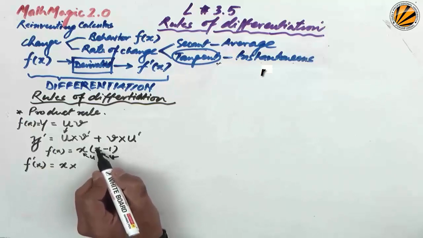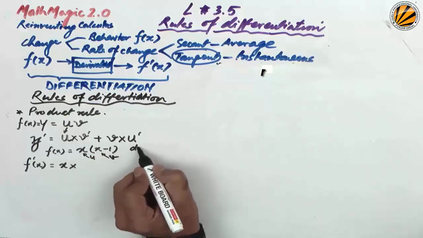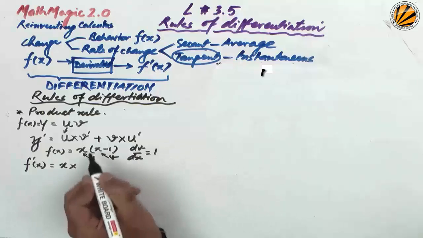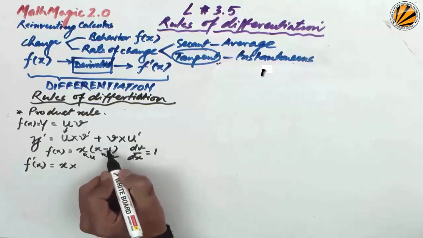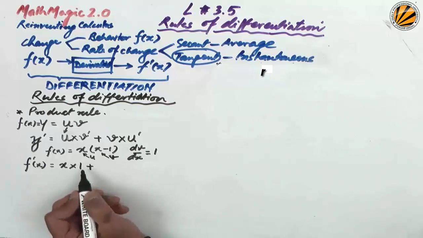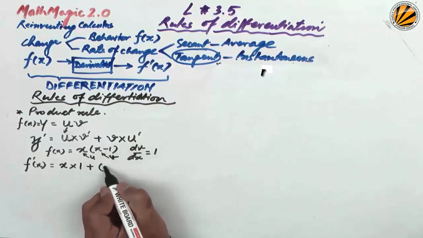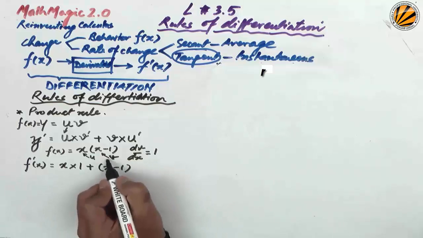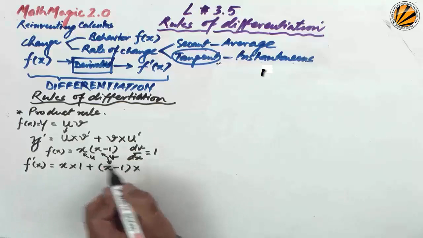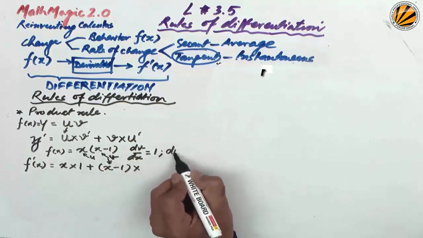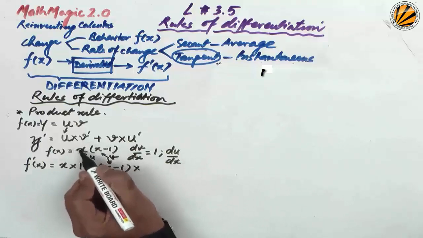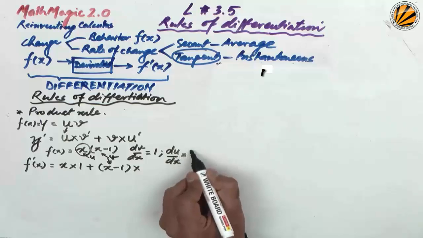If you take d/dx of v, so dv/dx would be equal to 1, because the derivative of a constant is 0 and x gives 1. So it is going to be 1 multiplied by 1, plus the next function, that is x minus 1, which is the second function v, multiplied by the derivative of the first function. We also know that the derivative of the first function with respect to x, that is x, will always be equal to 1.